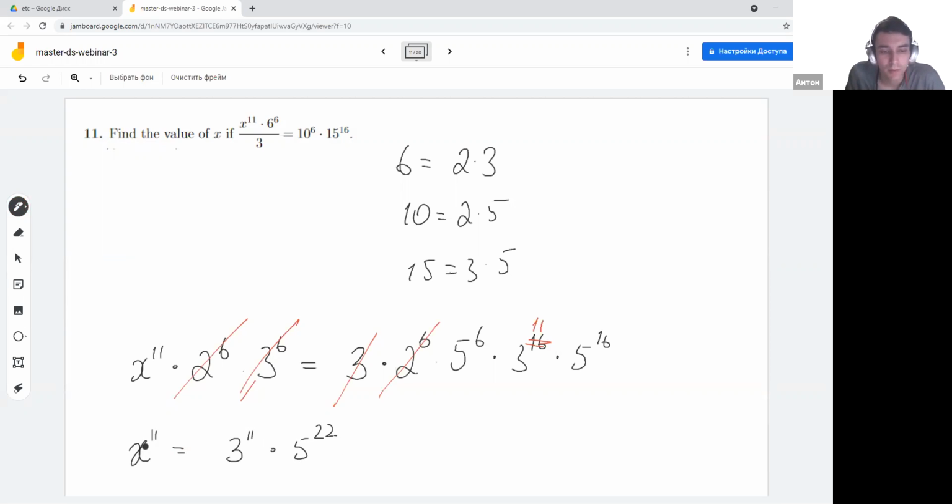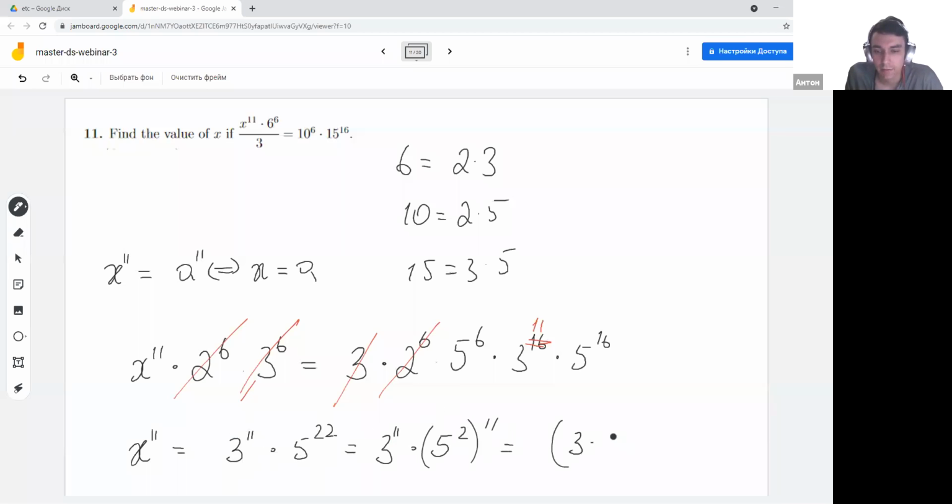But now, well, maybe I want something like this. x to the power of 11 is a to the power of 11, because this will immediately give me that x equals a. Here I have 3 to the power of 11, but 5 to the power of 22. But, well, one may see that this 22 is just 11 multiplied by 2.